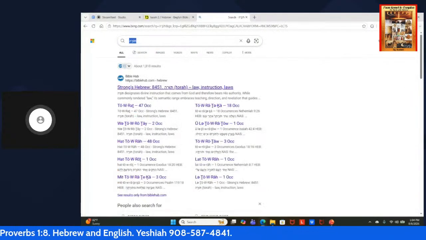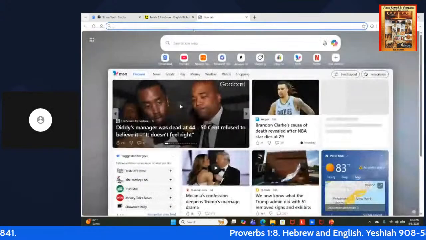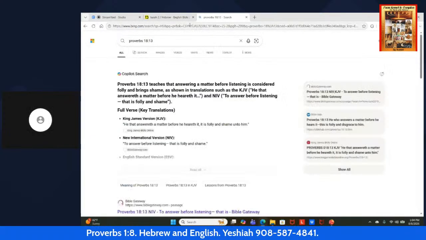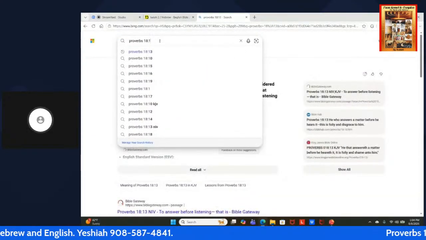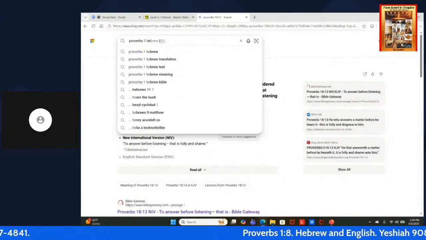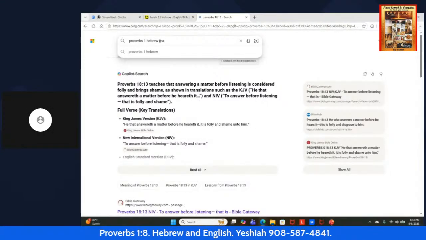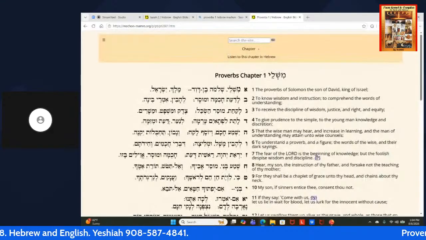But when we're looking, brothers and sisters, at this particular matter, going back to Proverbs, chapter 1, Hebrew, what do we see in this case here?